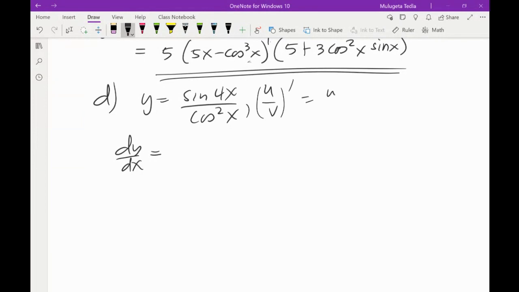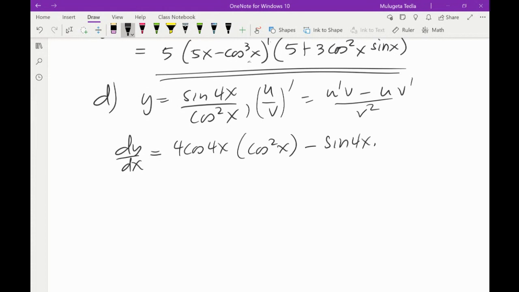Derivative is u prime v minus uv prime over v squared. We just follow the same old quotient rule. The derivative of sine 4x is cos of 4x times 4, right? Times 4.